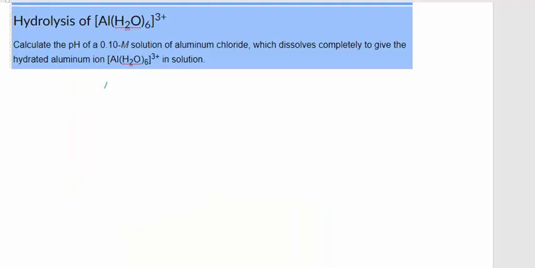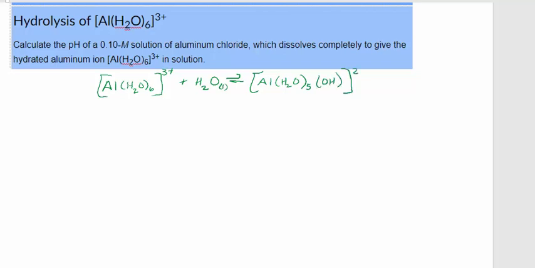And in water, it will act as an acid. So it's going to give up one of these hydrogens. And when it does that, we only have 5 full water molecules, and then we have an OH. Now, we have a hydronium ion as well.